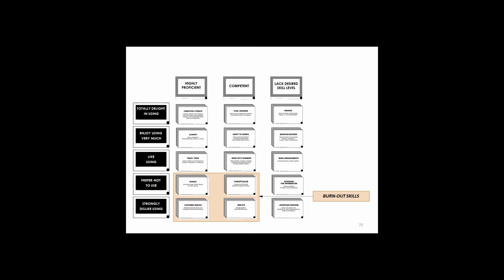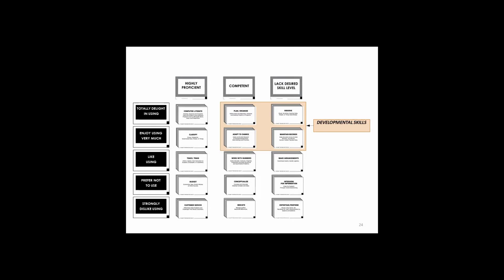For instance, one of my burnout skills is writing. And so even though I'm really good at writing, I hate writing. I'd rather have a root canal than write. And so I have to limit the amount of writing I do to about 2% of my time. So the burnout skills in the lower left-hand corner, those are the ones you take off your resume.